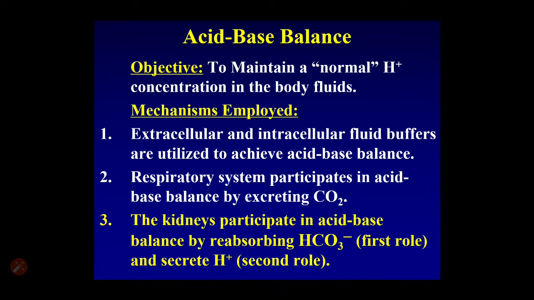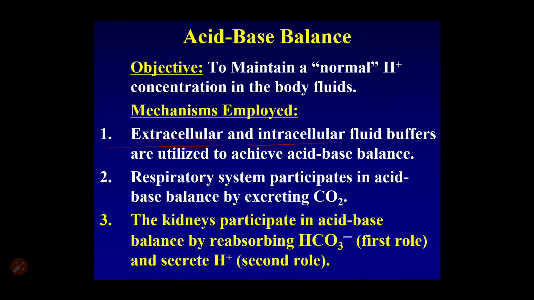So how do you maintain normal, quote, normal H plus in the fluids? You do that because we do have extracellular and intracellular fluid buffers that allow me to neutralize H plus when I need to. The second line of defense would be the respiratory system. And if I have an increase in H plus, usually that's an increase in CO2.